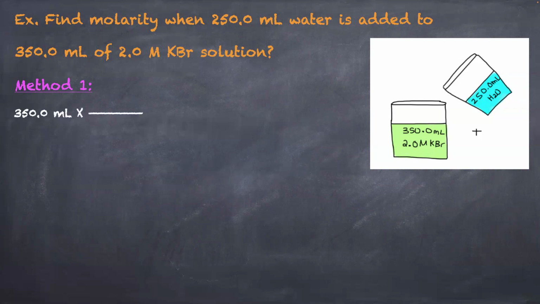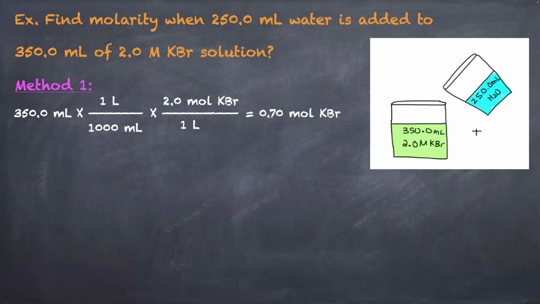So to do that, we have to convert milliliters to liters and then multiply that amount by the concentration, which is 2 moles per liter. That way we can find the moles of KBr. I'm simply doing a unit conversion here, canceling volumes with each other and writing 2 molar as 2 moles per liter, separating the moles and liters, like writing it as an equation this way and canceling the units. This way I find the moles of KBr.